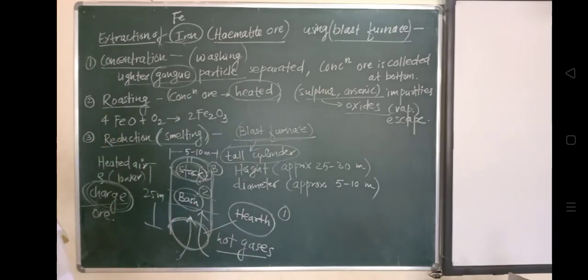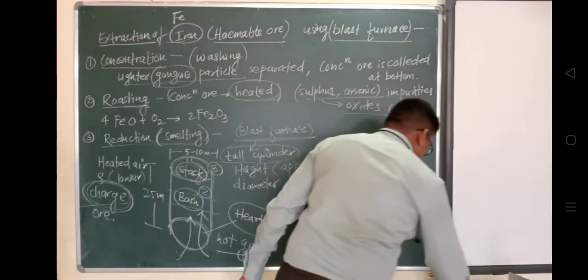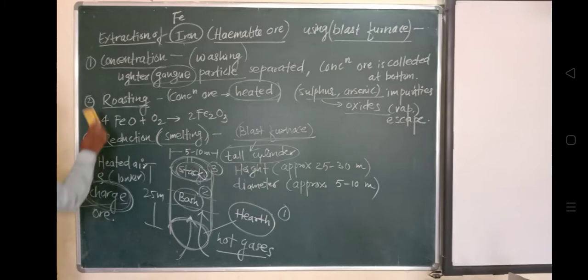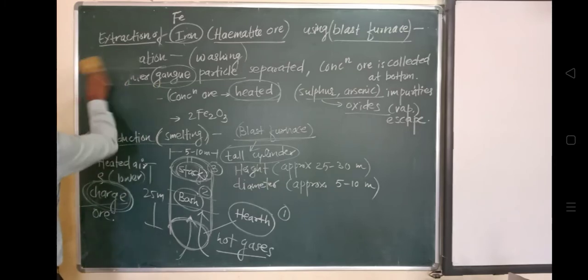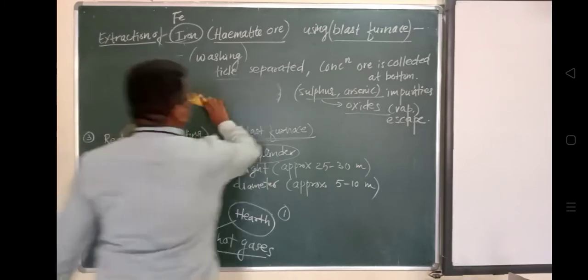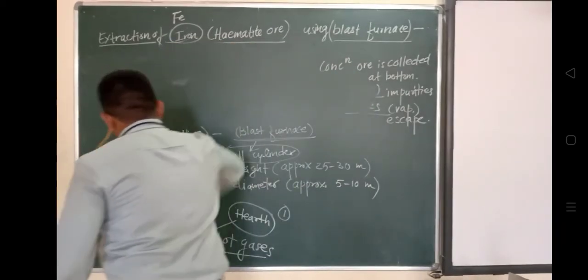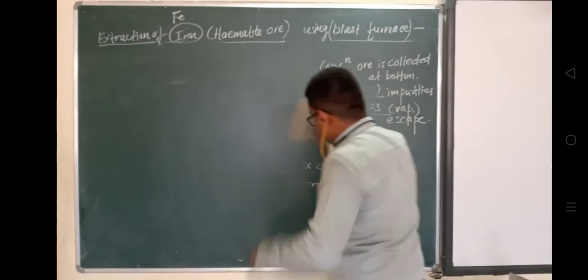As we are saying, the first process is concentration. The second process is roasting, in which some minor impurities like sulfur and arsenic get vaporized. The third step is a reduction process called smelting, which takes place in a blast furnace. This is the major, important step, because that is what is carried out in the blast furnace for iron.